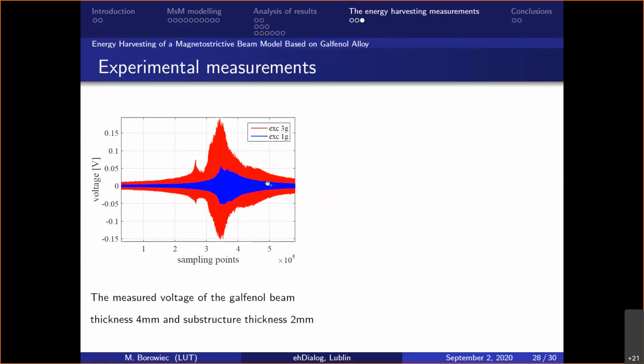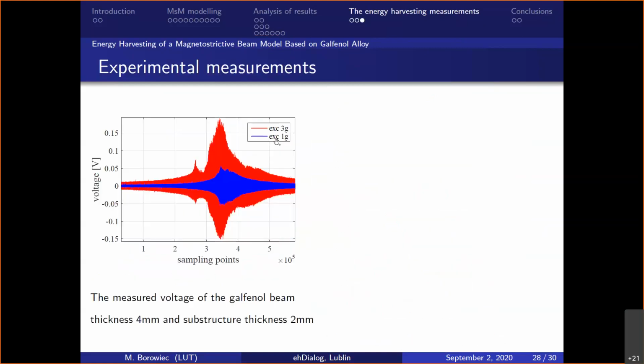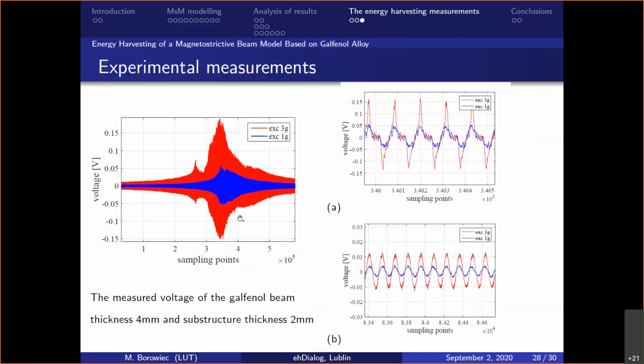And we tried to change the excitation force from the base of the shaker. We analyzed it for the excitation at 1G and 3G, and after the sampling points, we can see that when the system overcomes the resonance, there is some increasing of the voltage output, and we can see the results for these two levels of excitation.